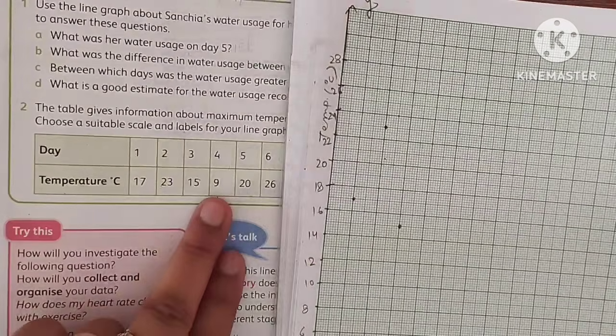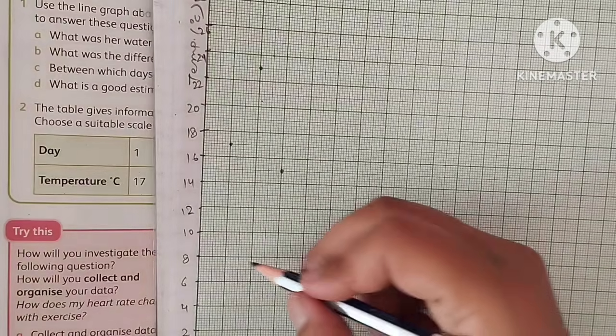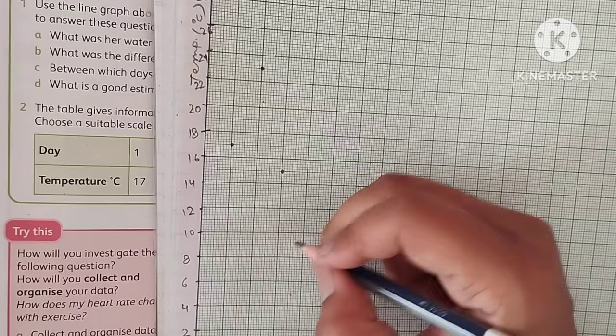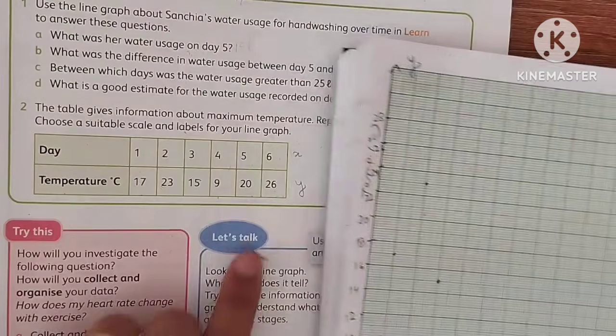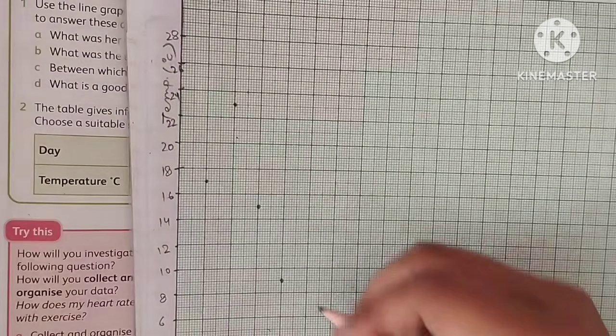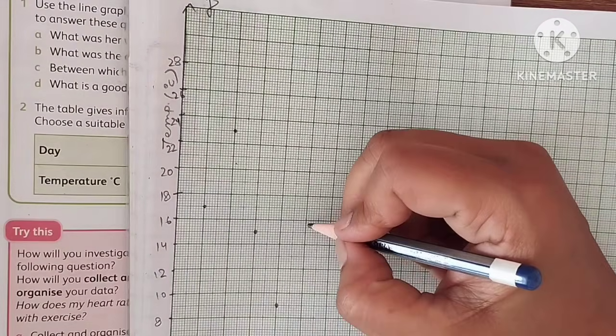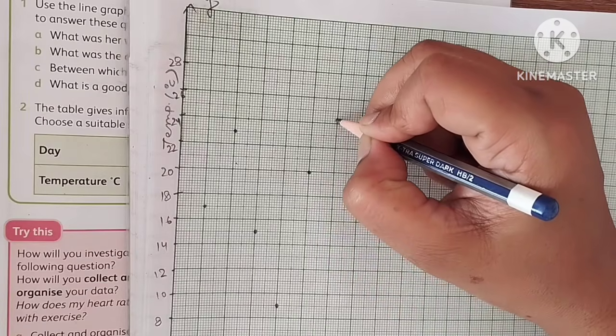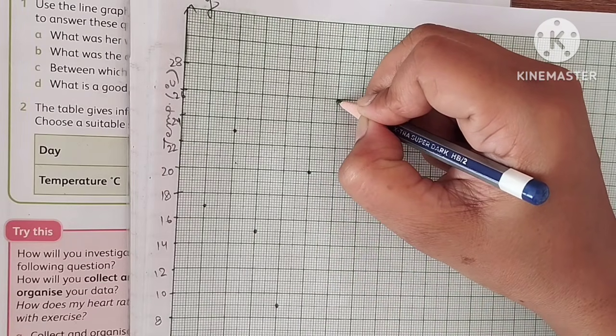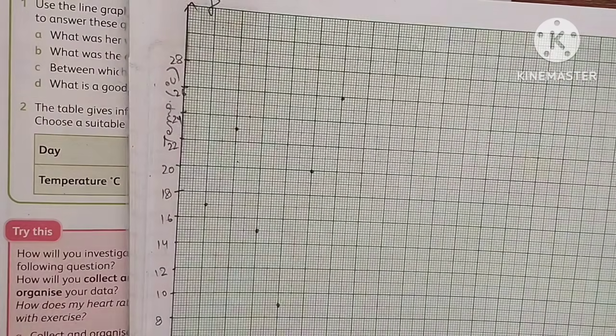Correct? Then 9. So the 9 will lie between 8 and 10. Then 20 and 26. So on the 5th day the temperature reached 20 and on the 6th day the temperature reached 26. So I marked all the points.